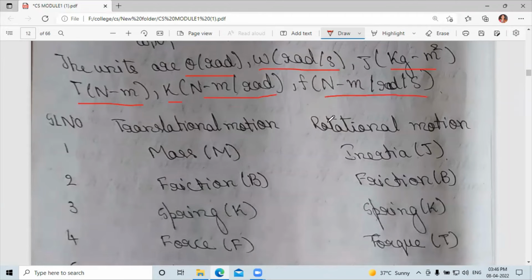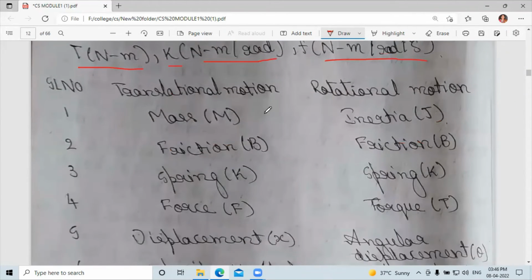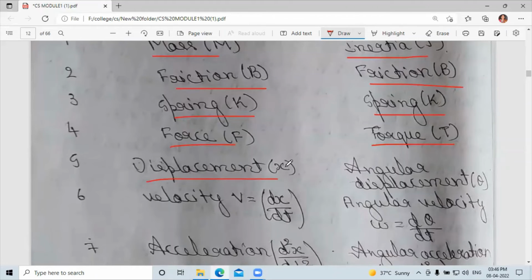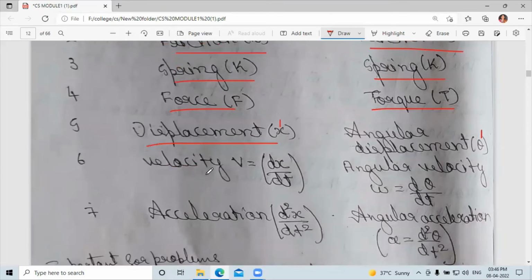Now we shall compare translational and rotational systems. Here mass, and here inertia; here friction, and here also friction; spring, and spring. In translational we consider force, and here we consider torque. Displacement is x here and theta there. Velocity v is equal to dx divided by dt, and omega is equal to d theta divided by dt.